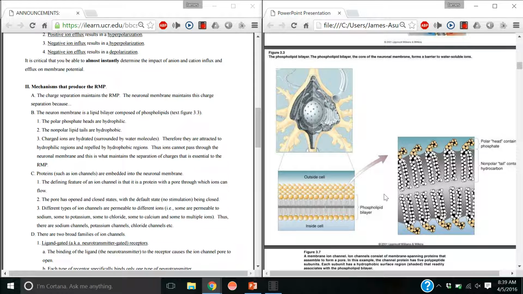And so the water molecules that are surrounding the ions cannot pass through the hydrophobic lipid interior portion of the cell membrane. So that's the actual barrier. The barrier to the passage of ions through the cell membrane is the hydrophobic lipid interior portion.